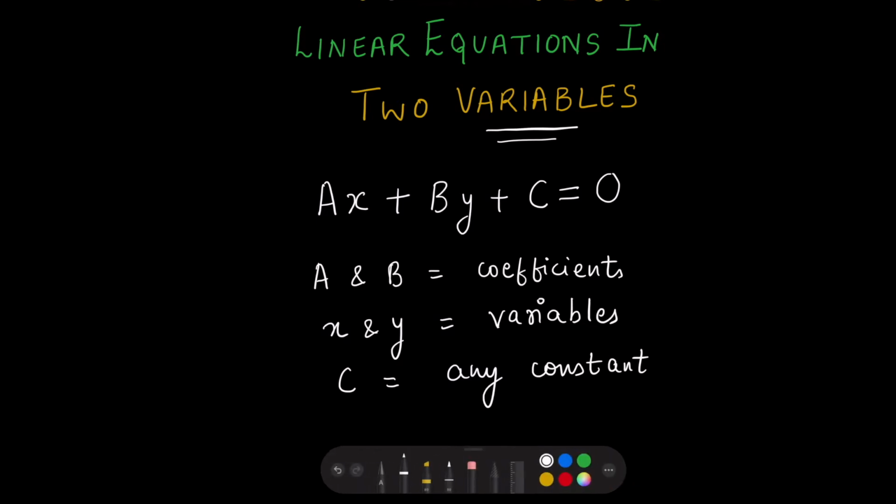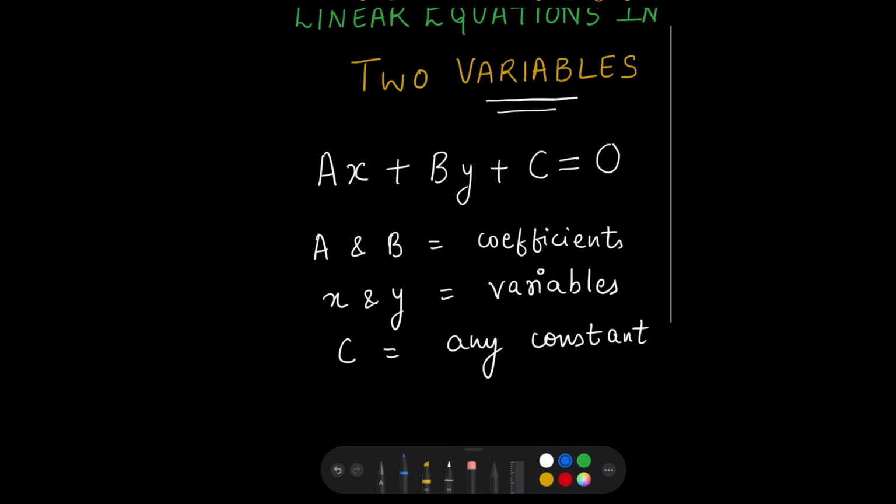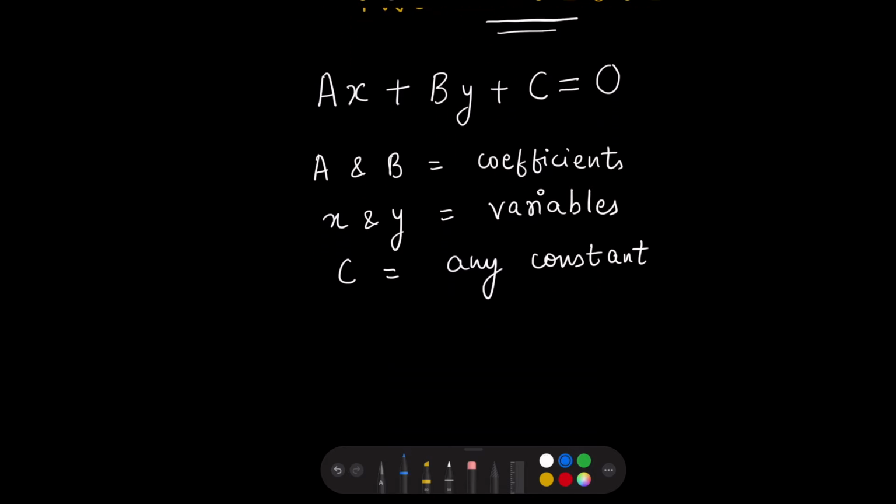There are two ways of solving the linear equation. The first method is the elimination method. And the second method is the substitution method.